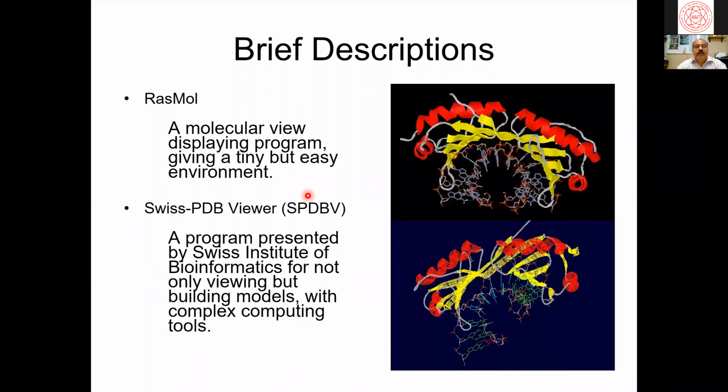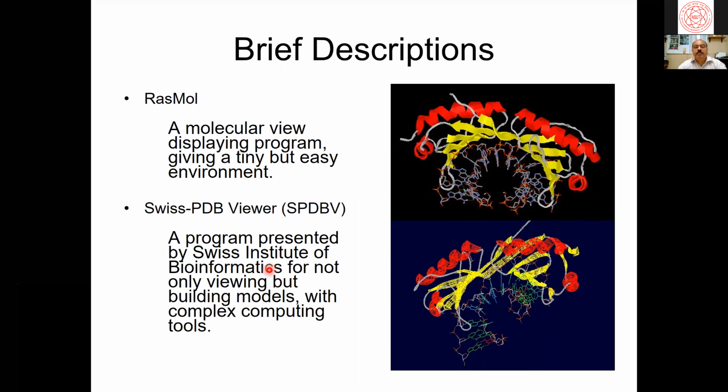So this is an example of how a RASMOL or a Swiss PDB visualization looks like. It's a representation of a protein-DNA complex. You can see the coils, the helix and beta sheets, which represent a protein bound to a helical DNA.